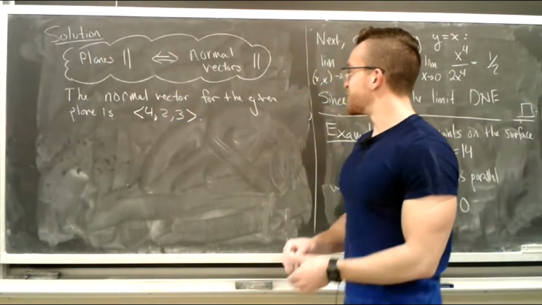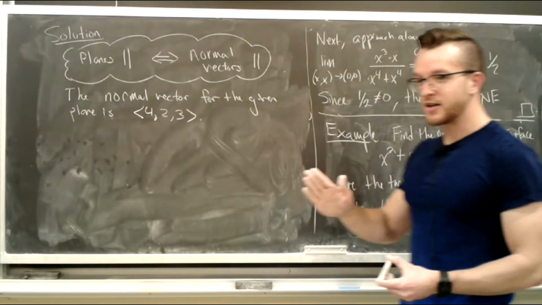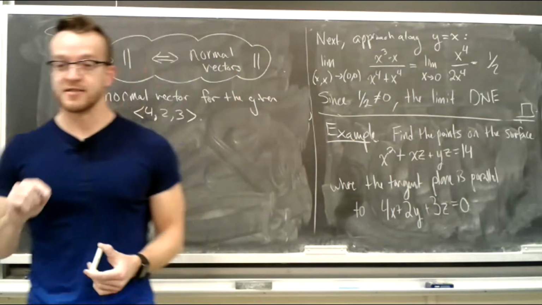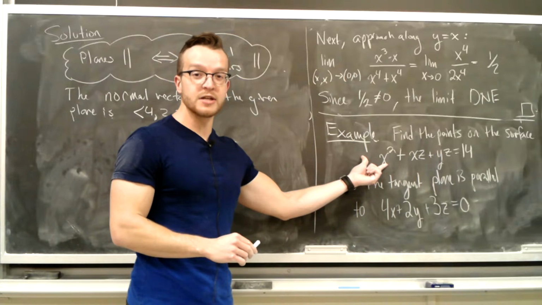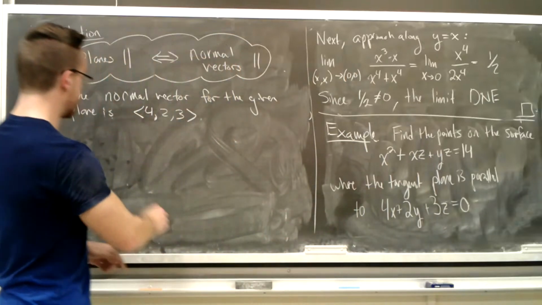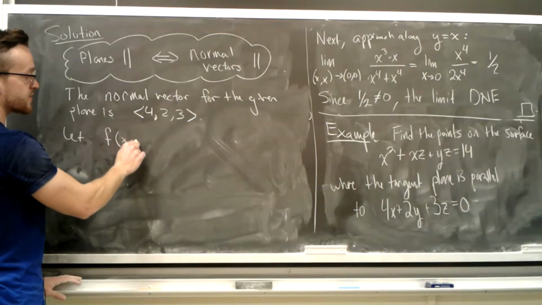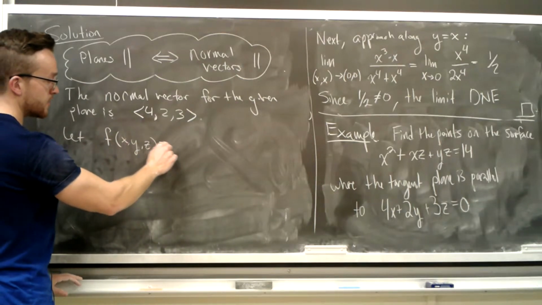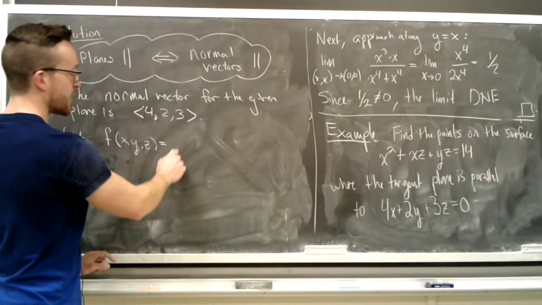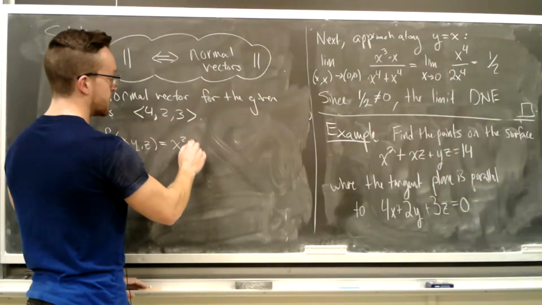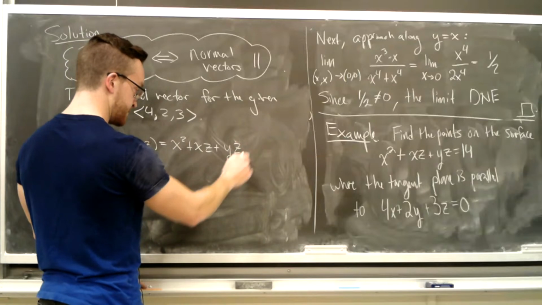Okay, so how do we compute the normal vector to tangent planes of this thing? The point here is that we can realize this surface as the level surface of a 3-variable function. So I would say let f of x, y, z be x squared plus xz plus yz.